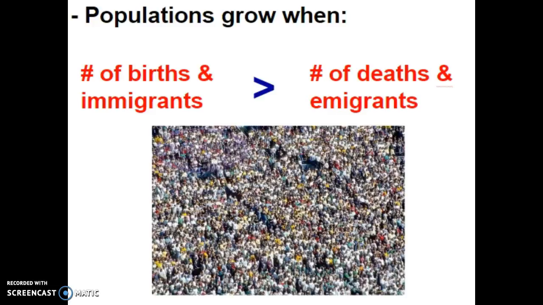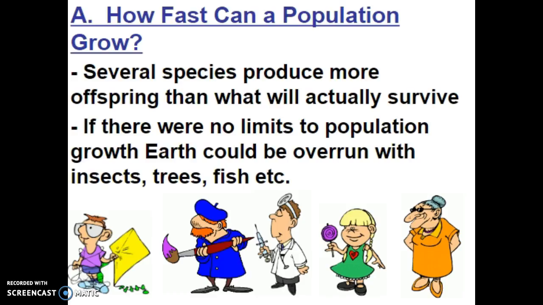So as long as there are more births and organisms coming into the population than there are organisms that are dying and leaving, the population will grow. The rate of that can be different depending on the number of births and immigrants versus the number of deaths and emigrants.